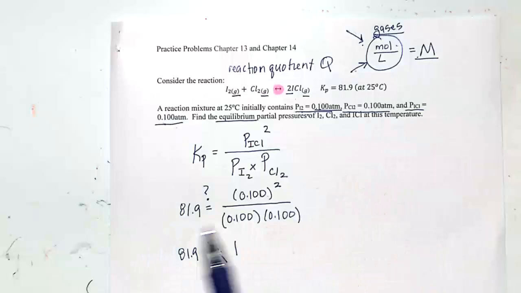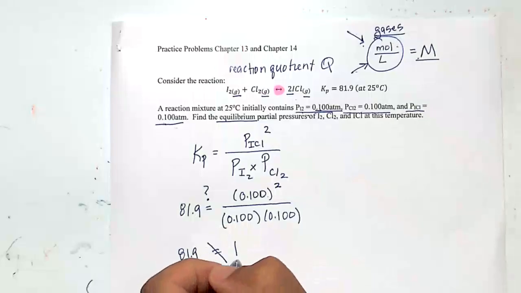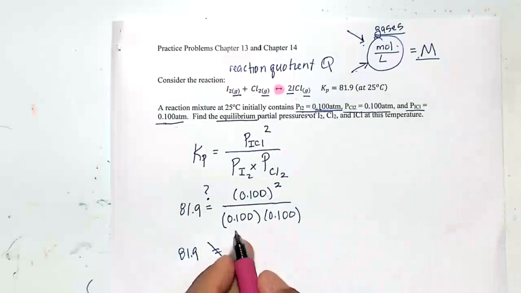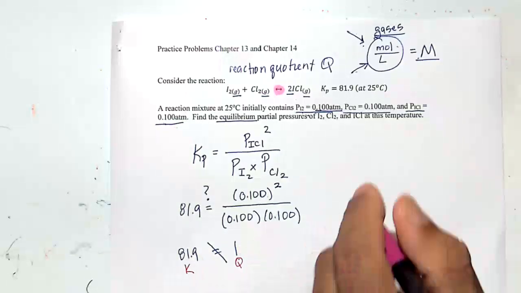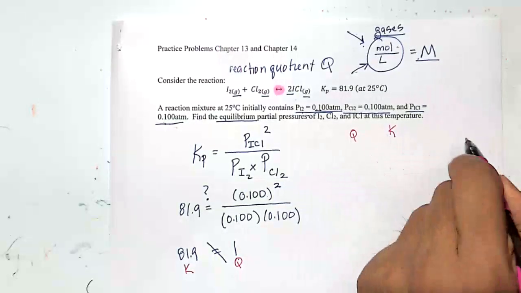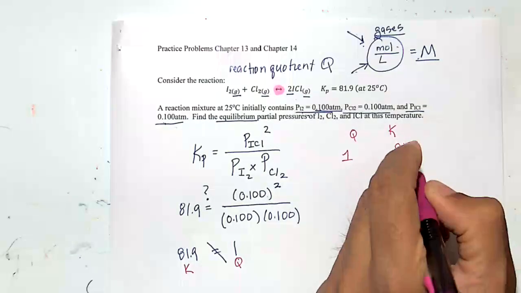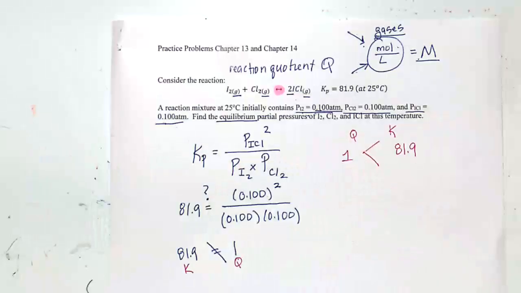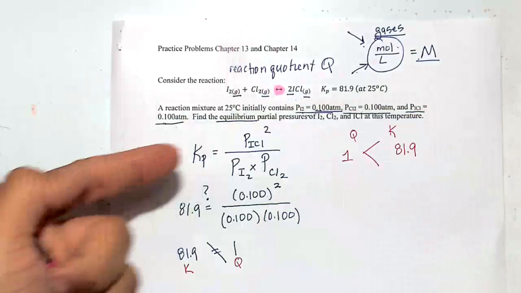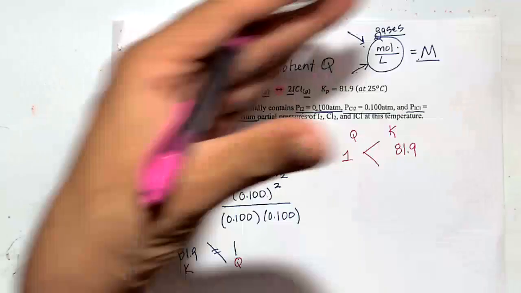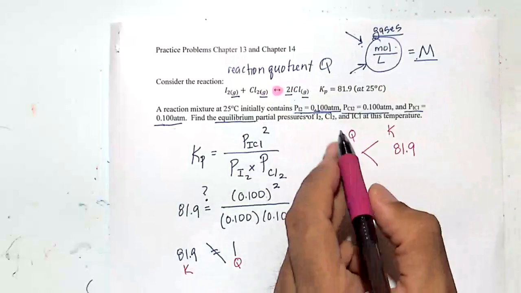Which way does the reaction go to get to equilibrium? We're going to call this Q, and we'll call this K. We will put Q first. Q is 1, and this is 81.9. So the reaction is not at equilibrium. To get to equilibrium, which way will the reaction shift? To the right. The Gator rule tells us that it's going to move to the right.